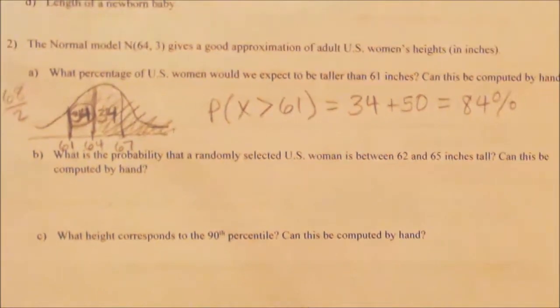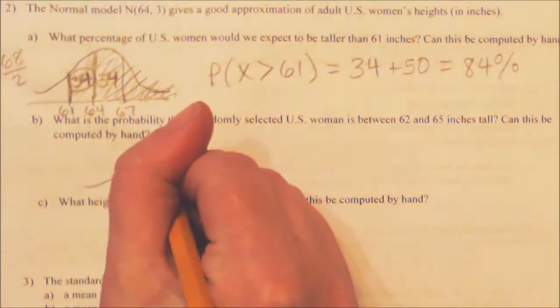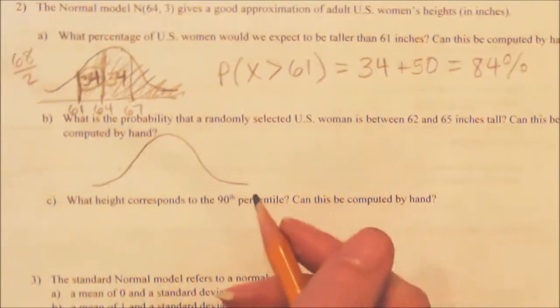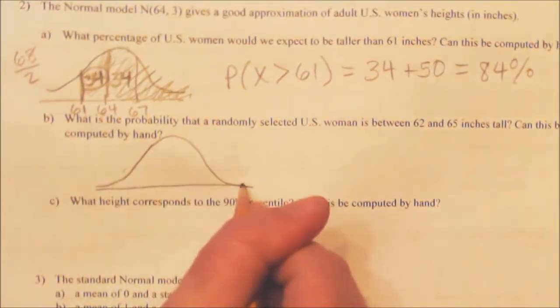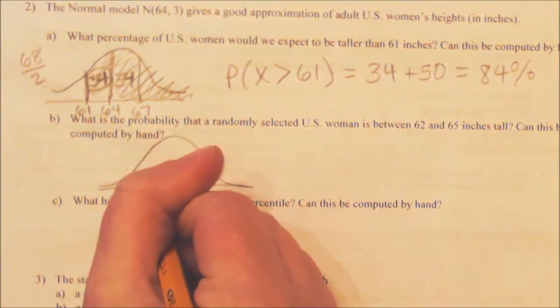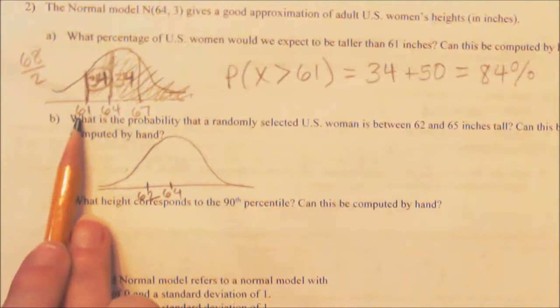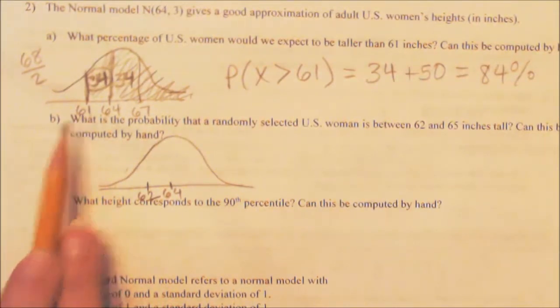Now the next question, same data, but they want us to go from 62 to 65 inches. If we're going from 62 to 65 inches, 64 is still in the middle. 62, however, is somewhere between the mean and one standard deviation below. Remember, one standard deviation below was 61 inches.